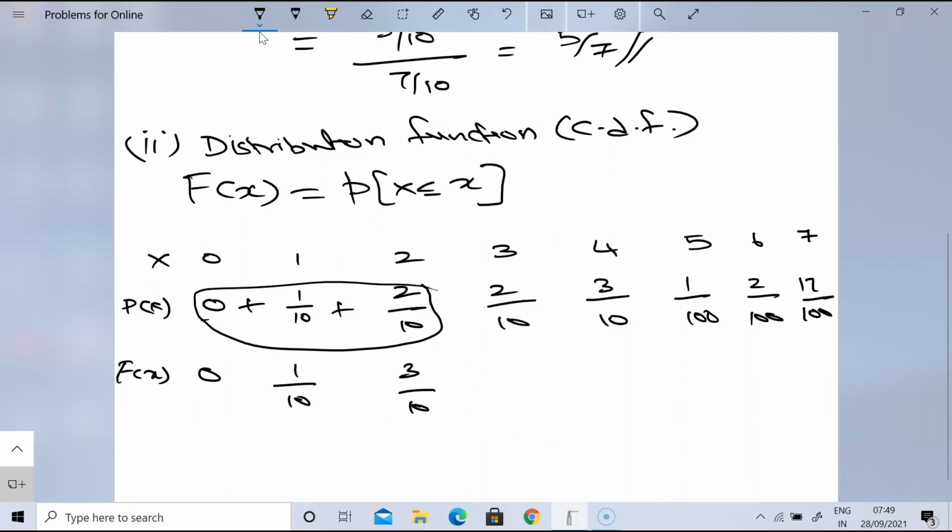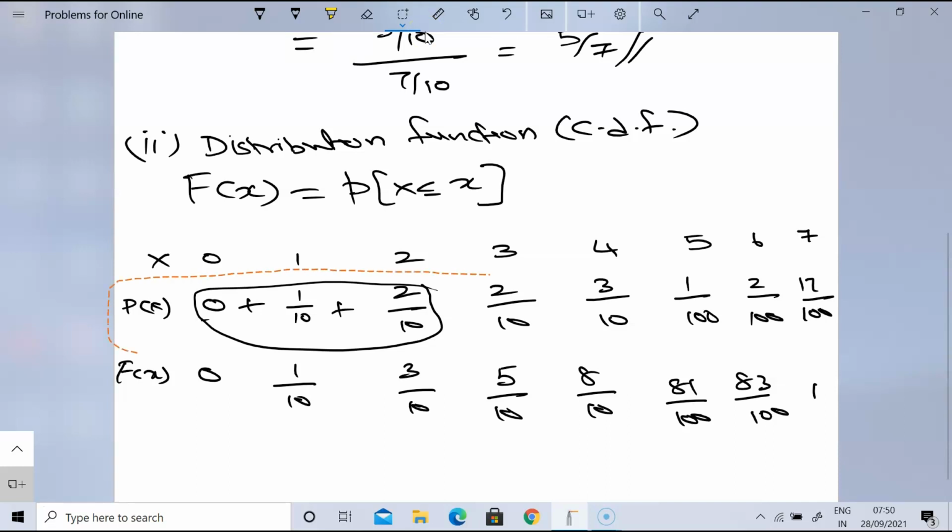So it is 5 by 10. Next, 8 by 10. And here it is 81 by 100. You just add this. It's just an addition. Next is 83 by 100. The final value, if you add it, should be 1, because we get 100 by 100. So this is called the cumulative distribution function.